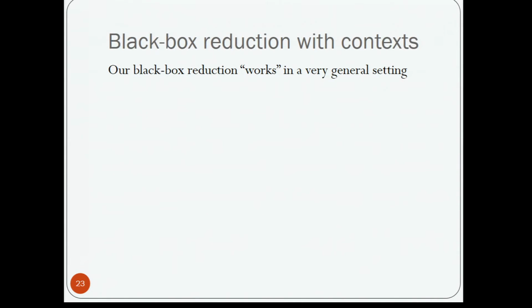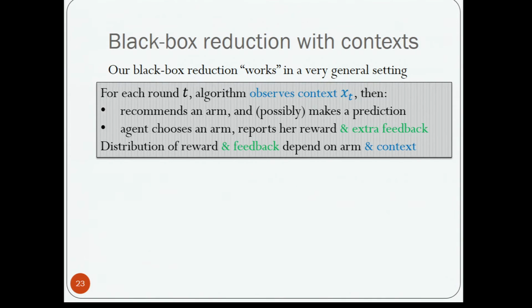Okay, but another result is that the black box reduction actually works essentially in the same way in a much more general setting, when the algorithm observes a context. It could be like a customer profile at Amazon. Then the algorithm recommends an arm or makes a prediction. Then the agent chooses that arm and reports her reward and maybe extra feedback.